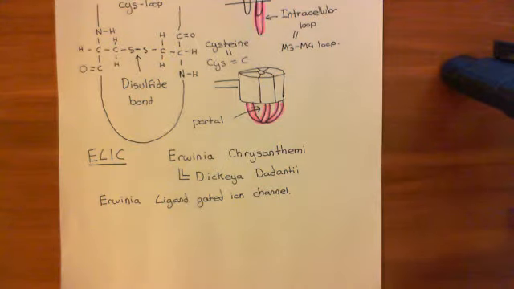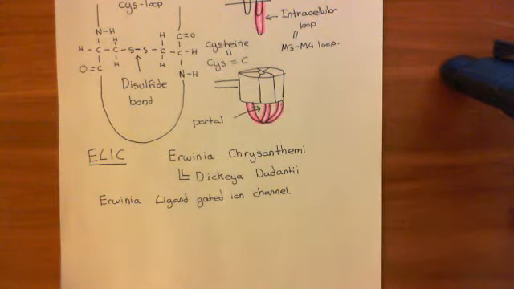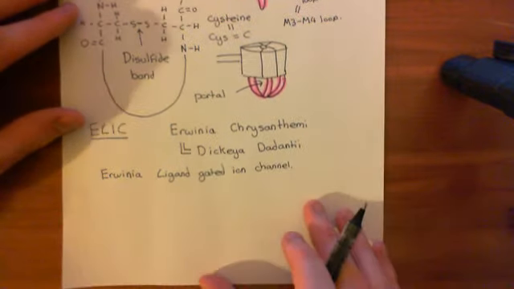This means it's become of huge interest to people studying these channels. Indeed, we have been able to elucidate much about these cis-loop ligand-gated ion channels by studying ELIC in Erwinia chrysanthemi, or Dicea dadantii, as its new name is.